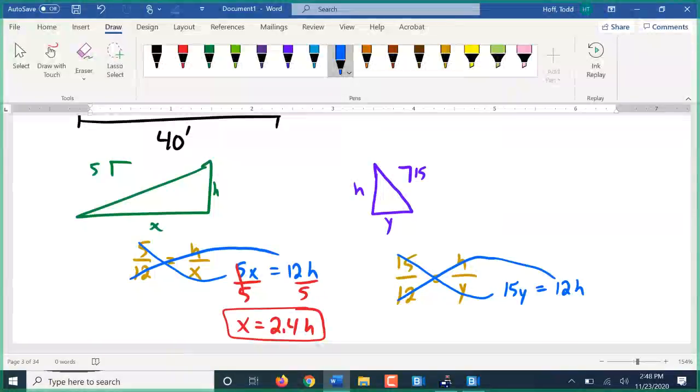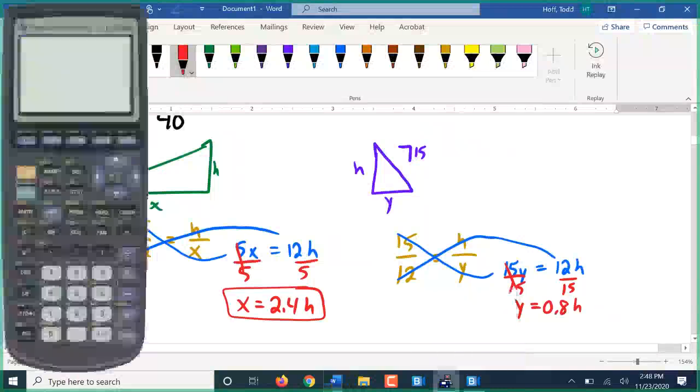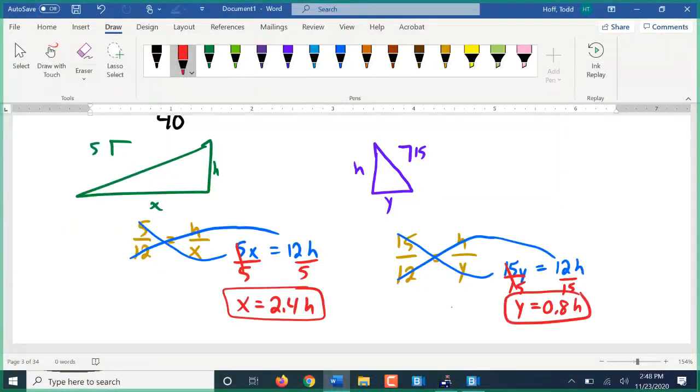When I divide by 15, I get that y equals 12 divided by 15, which is 0.8h. So y equals 0.8h.